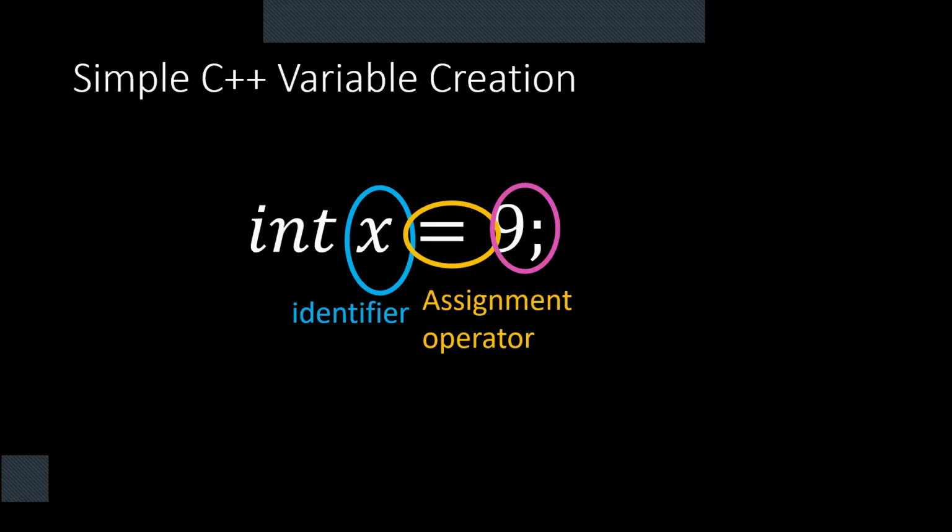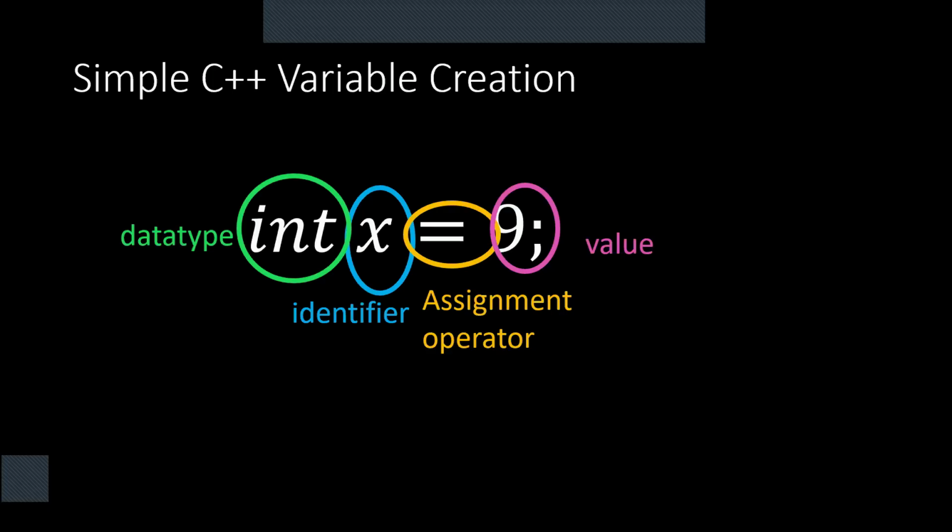And before all this, you will have to add another thing, that is the data type. So when you are creating a variable in C++, you will have to specify the data type, what type of data you are going to store into that variable. That you will have to specify in the beginning. Then you can store values into that variable. So that's the first step.